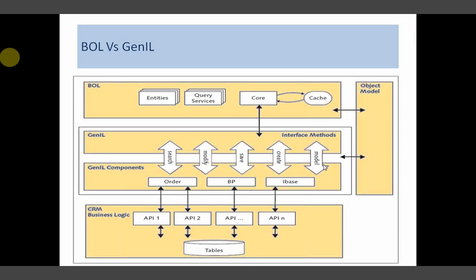But these are the main interfaces that generally we would be using. This is a model. This is for getting the complete modeled GENIL information to the BOL, because BOL provides the information to the browser or web UI screen. So the model means what we are discussing, the GENIL object model.